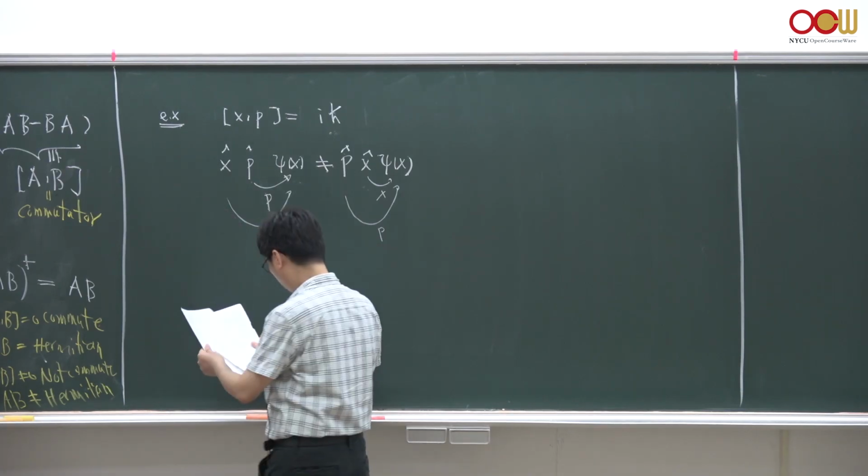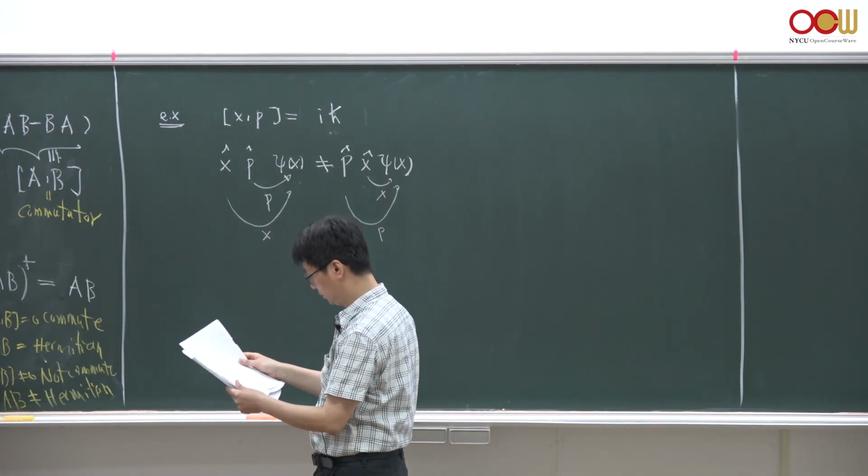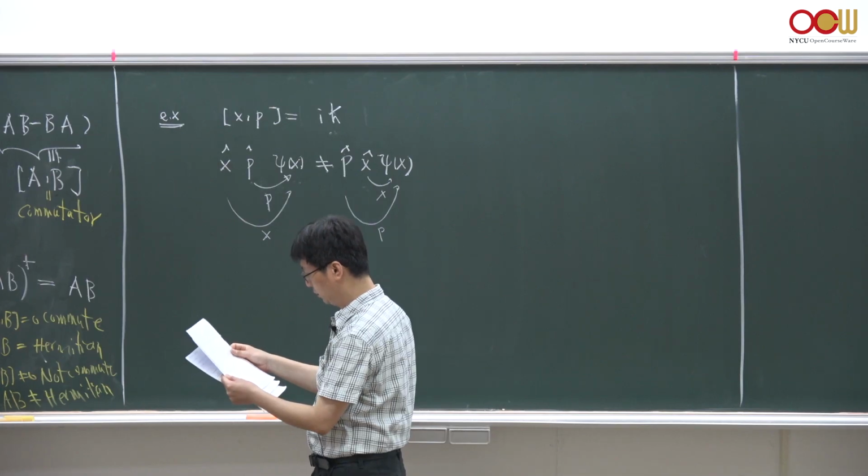So let me tell you formally the relation between the commutator and the uncertainty.